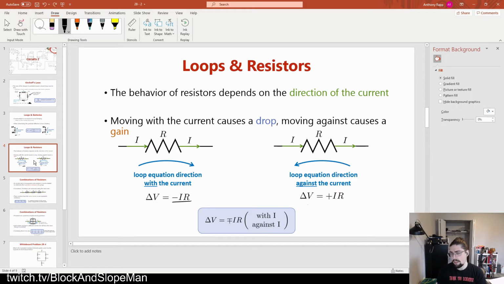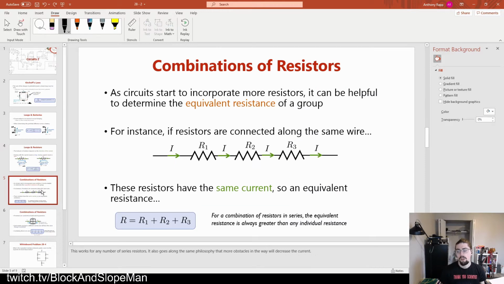Now, I kind of hinted at this last time that there are other things that we might do. We might have more than one resistor. And in fact, we've seen one problem where we had two resistors. And I mentioned that there was a shortcut to solving that problem, and today's the day we actually look at that.